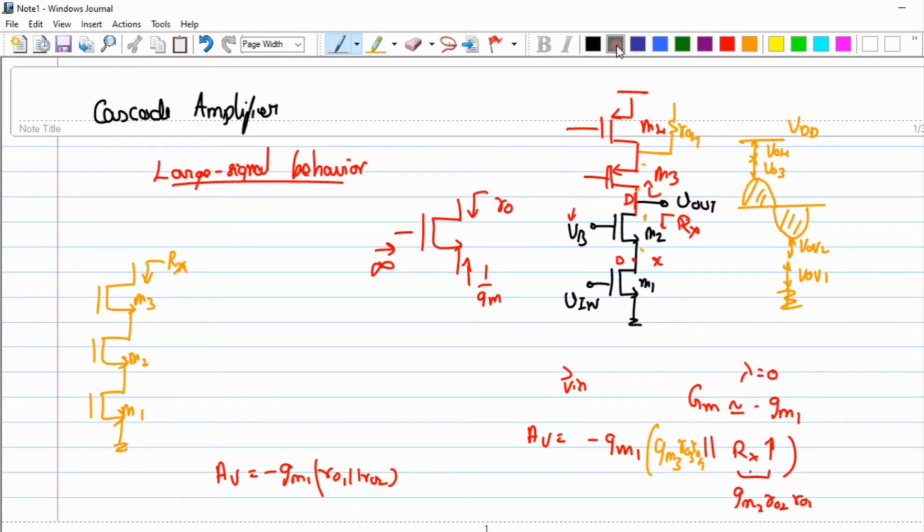Step number 1 is to find what this impedance is first, and a further step down is to know what this impedance is first of all. What I have here is an ro1, and when I pass it through this M2, I get this value, which is nothing but gm2 ro2 ro1. This entire impedance I can model as a resistor attached to the source of my M3.